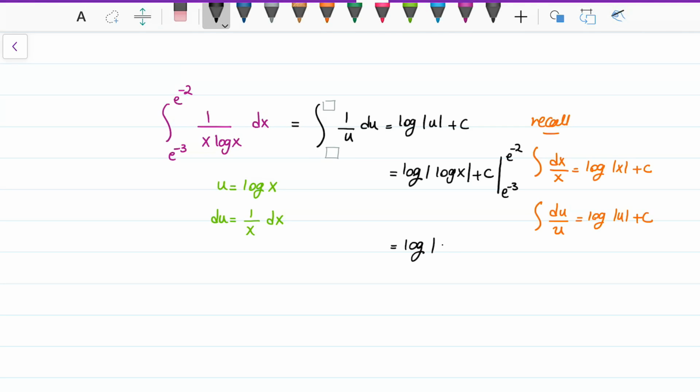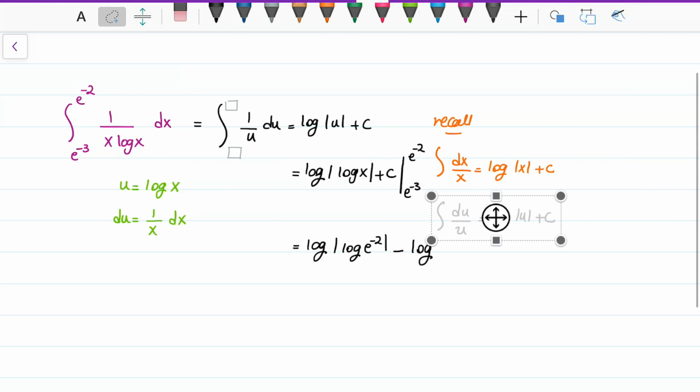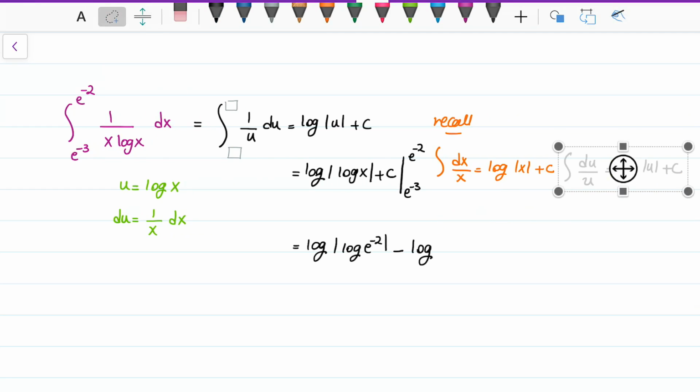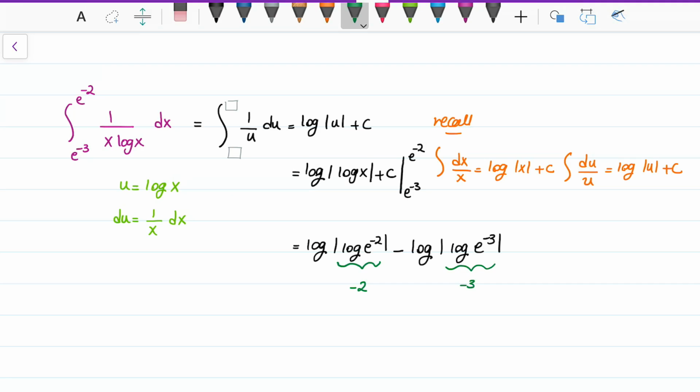So I get the log of the absolute value of log x, and I'm going to write the upper bound e to the negative 2, and then minus the log of the absolute value of log of e to the negative 3. The answer here is negative 2. The answer here is negative 3.